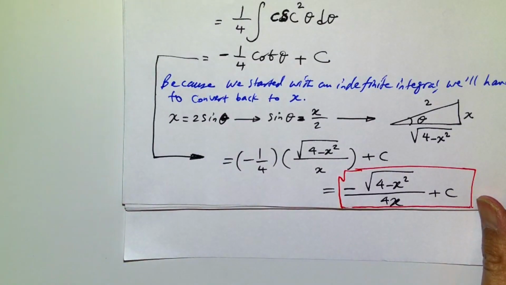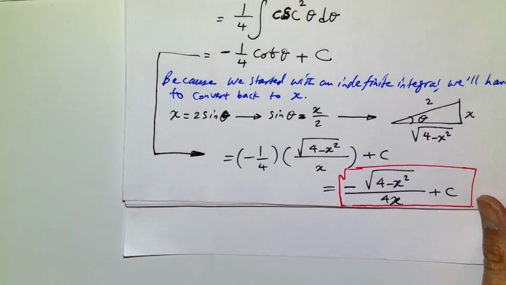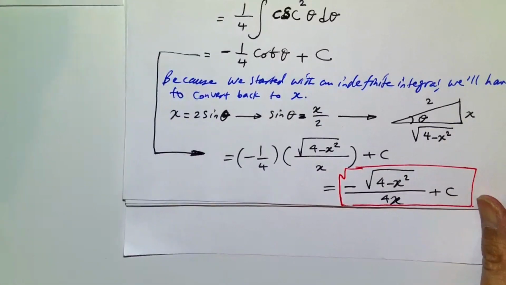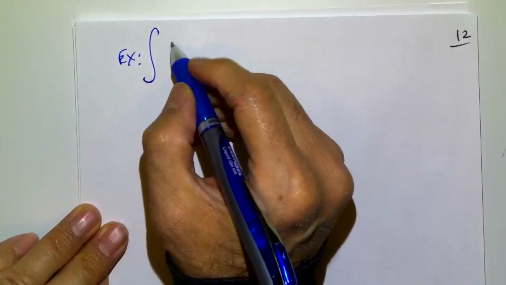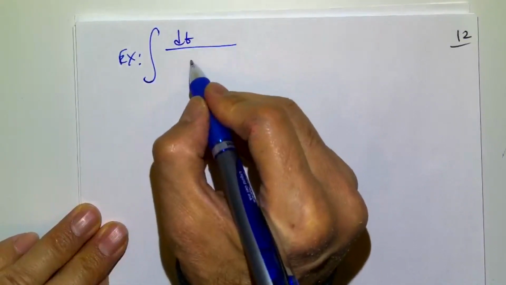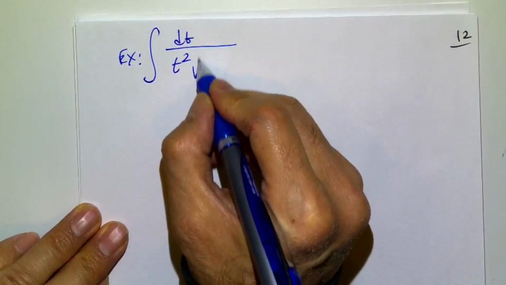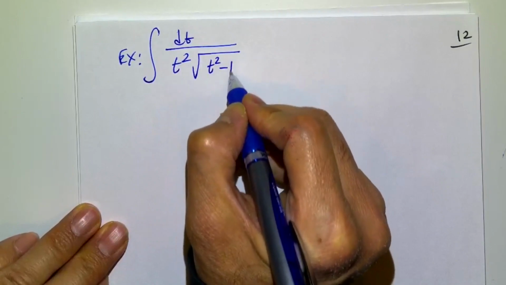So let's do another example. I think it would benefit us if we did that. So suppose we want to integrate dt divided by t squared square root of t squared minus 16.